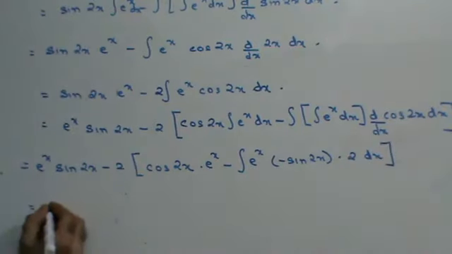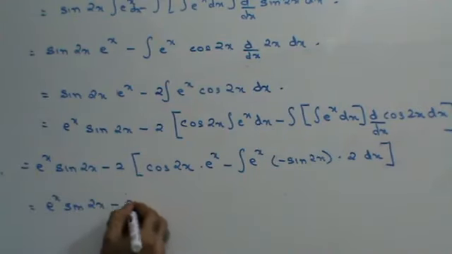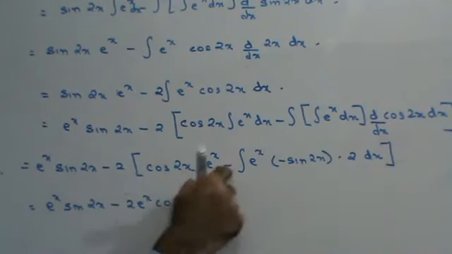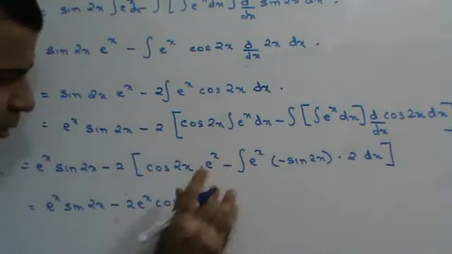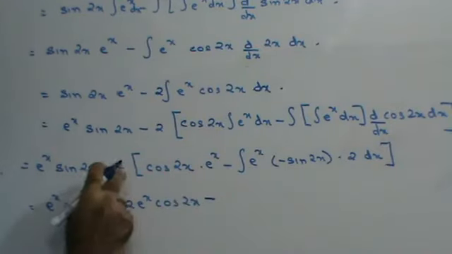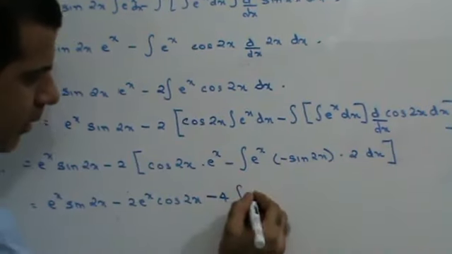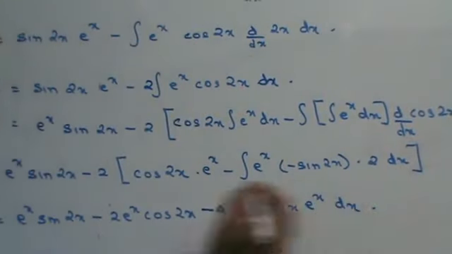Open the brackets. So this is e raised to x sin 2x minus 2 e raised to x cos 2x, minus into minus plus, 2 into 2 will give you 4, integral of sin 2x e raised to x dx.